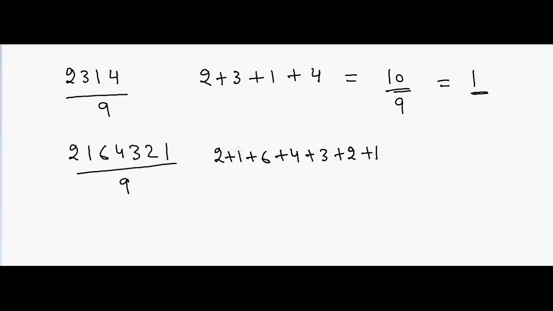So 2 plus 1 is 3, 3 plus 4 is 7, and so on, until we have 19 divided by 9. If you divide 19 by 9, I'll get a remainder of 1. So again, if you divide this number by 9, your remainder will be 1. Another thing you can also do is add 9 plus 1, that will give you 10, and then add 1 plus 0, that will give you 1. So your remainder will be 1.